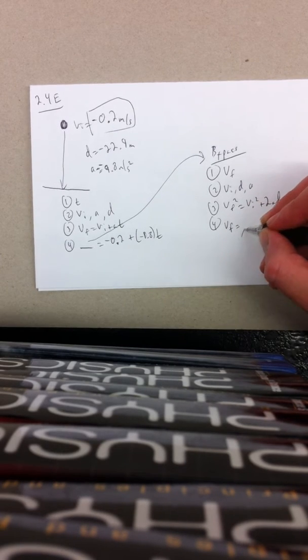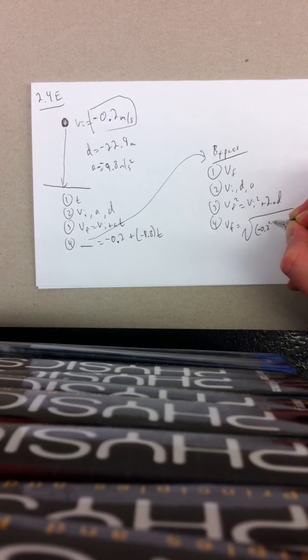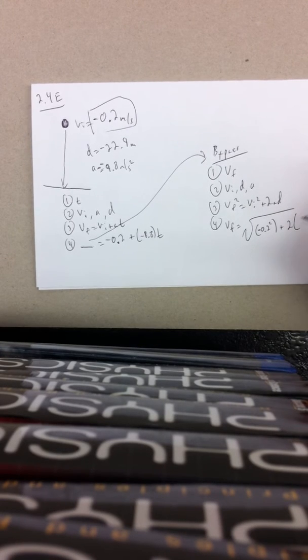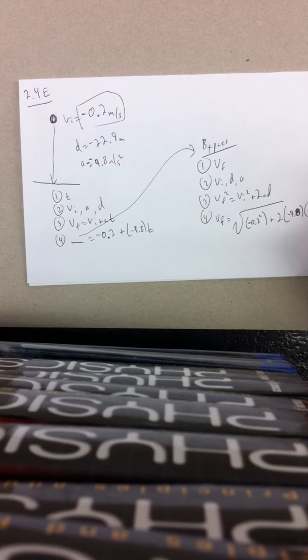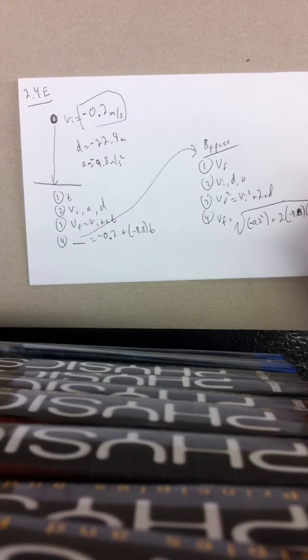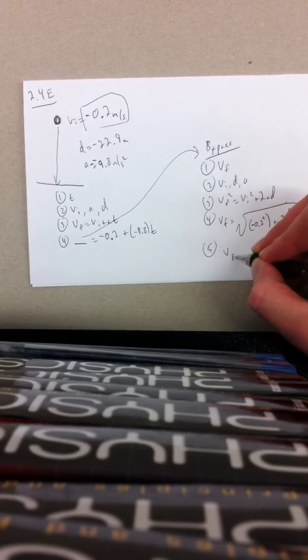VF is equal to the square root of VI squared plus 2 times negative 9.8 times negative 22.9. This whole entire thing is going to get square rooted, and that'll give us our VF.